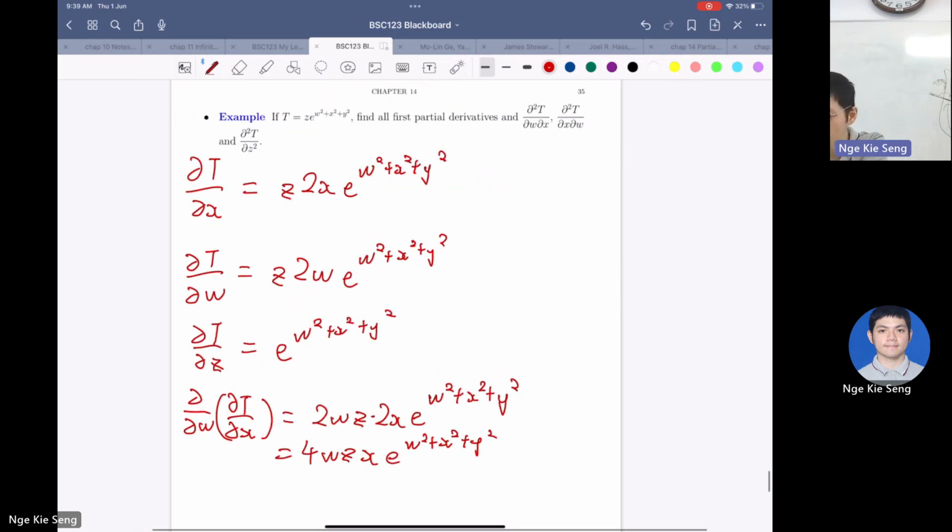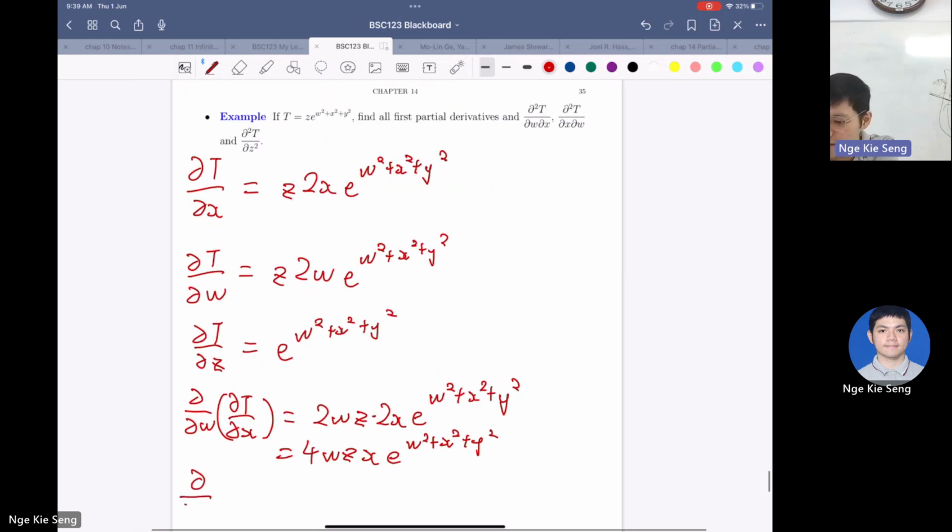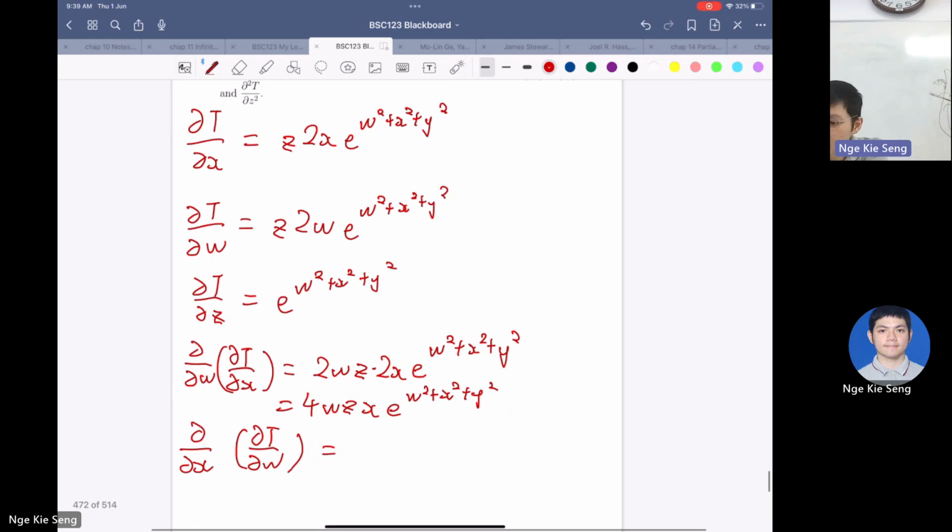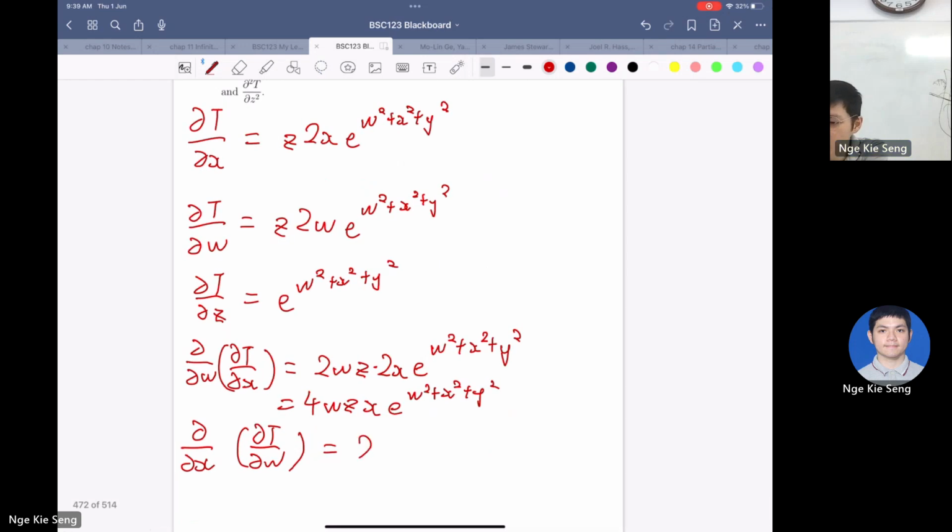How about d on dx of dt dw? This is just 2x times z times 2w e to the w squared plus x squared plus y squared, so it's 4wxz e to the w squared plus x squared plus y squared. Yeah, they are the same.